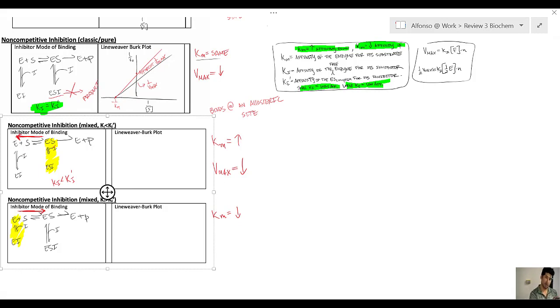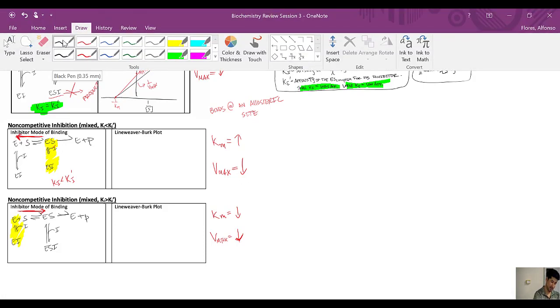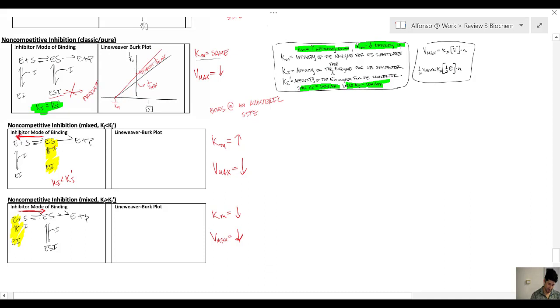I misspoke. So if the equilibrium shifts to the right, that means that the Km has gone down because there's more binding of enzyme to substrate forming the enzyme substrate complex. So that's why Km has gone down. And because we are forming this enzyme substrate inhibitor complex, Vmax has decreased. Yeah, it's decreased. Jeez, I gotta stop making so many tiny little mistakes.